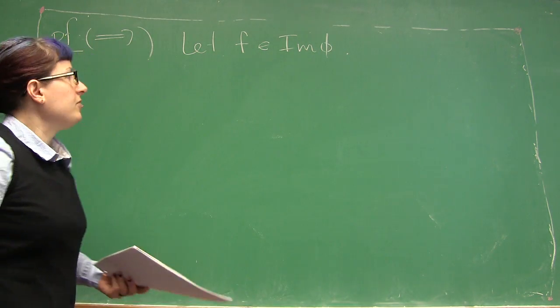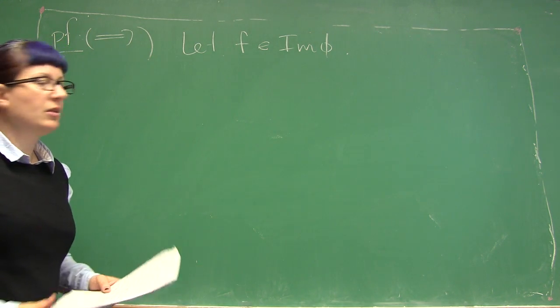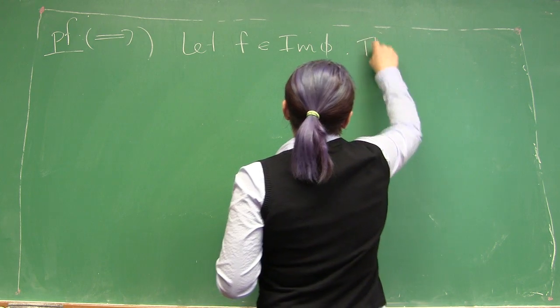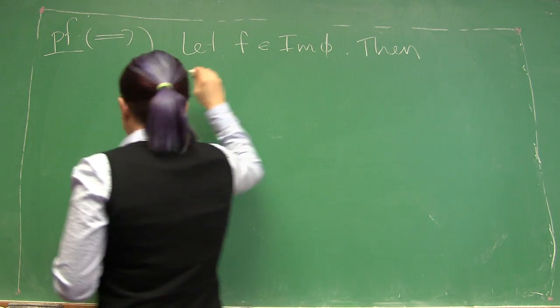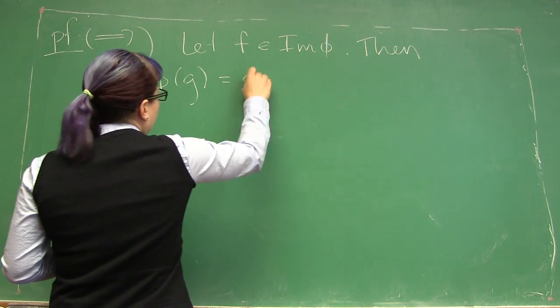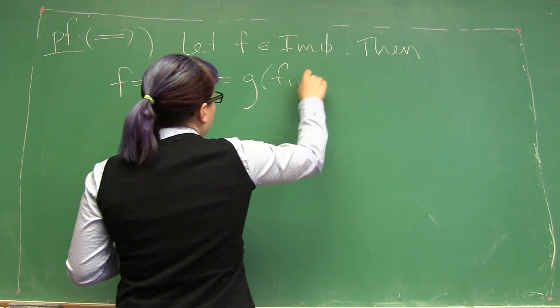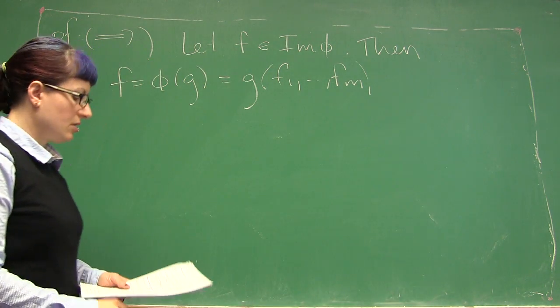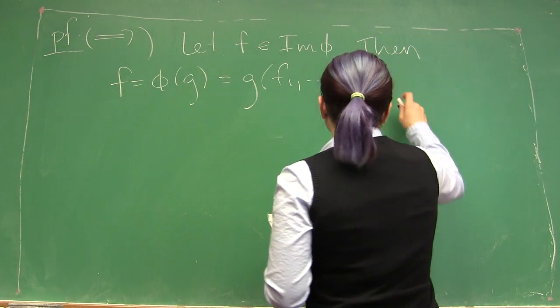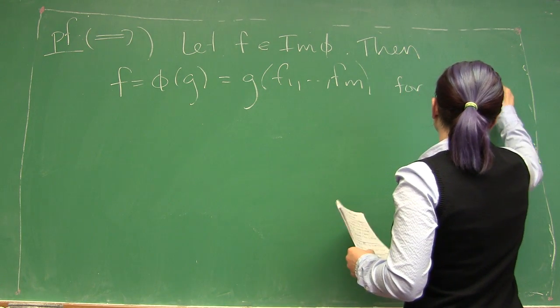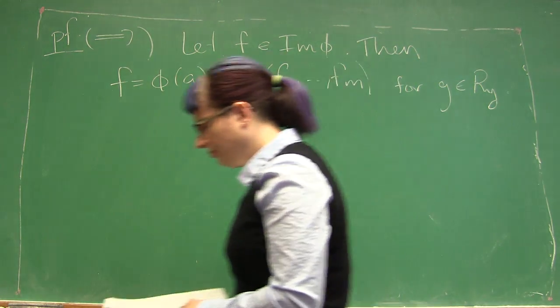So that means that f is phi of something, let's call it g. Which of course is g of f1 through fm that we've seen, and now g is in R[y]. Great. Okay.